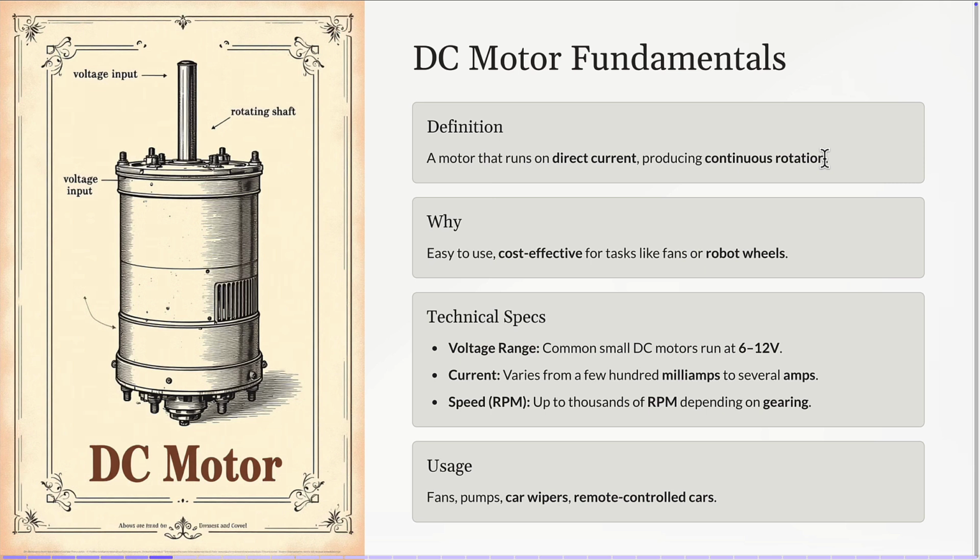Some of the motors may even require up to 40 amperes. For example, the motors that we use on drones can draw up to 20, 30, and 40 amperes, depending on how big the motor is and how strong the thrust that has to be generated by that motor. And we have also RPM, which is rotations per minute, which is another characteristic of DC motors.